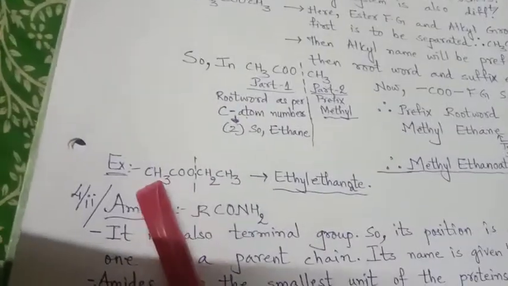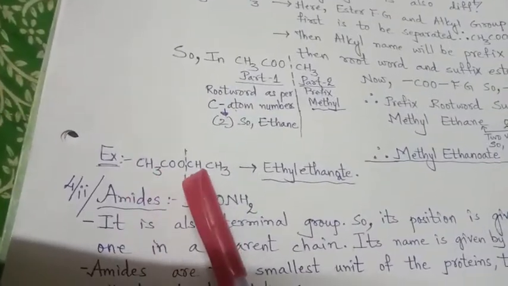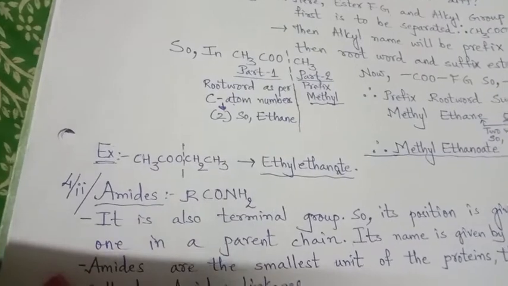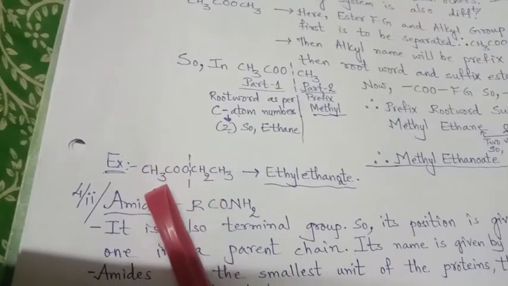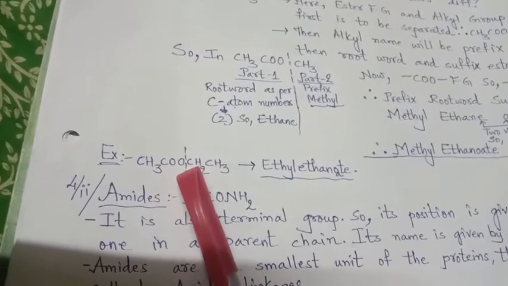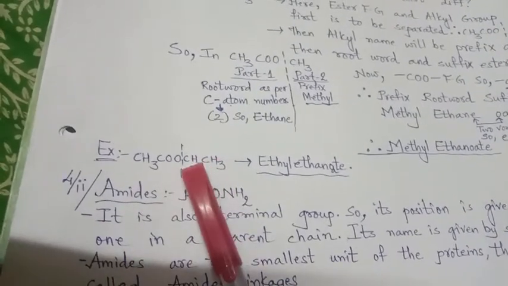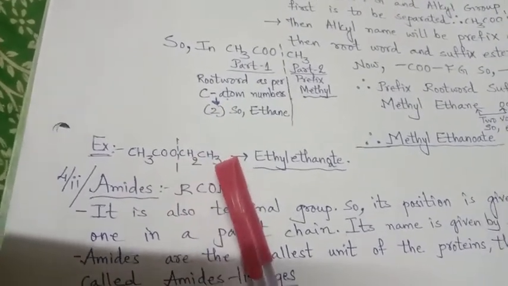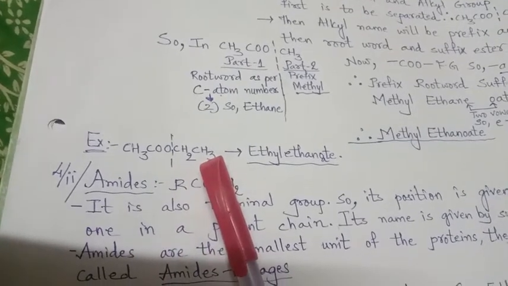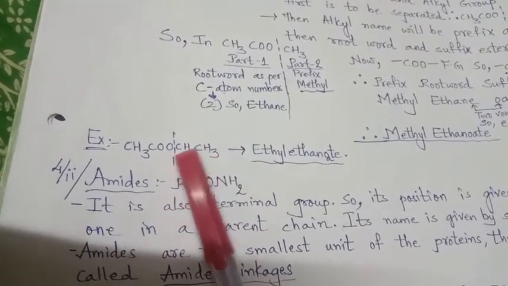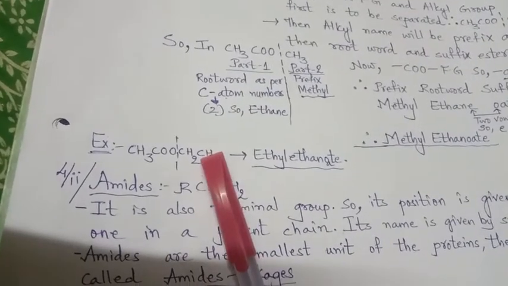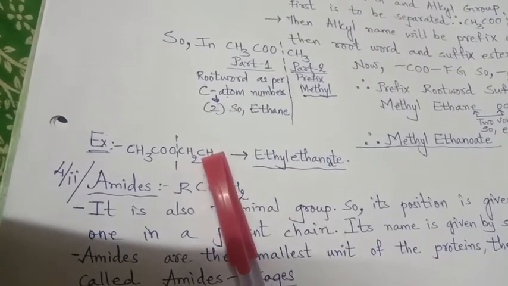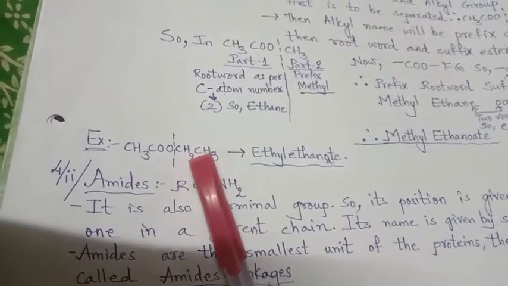In the same way we have here CH3 COO CH2 CH3. So this is the CH3 COO. Let us consider these as the ester group, right? COOR. So this is our alkyl chain. The alkyl chain will be considered as the prefix. How many carbons? 1 and 2. Then the primary suffix will be ane because of the single bond, ethane.